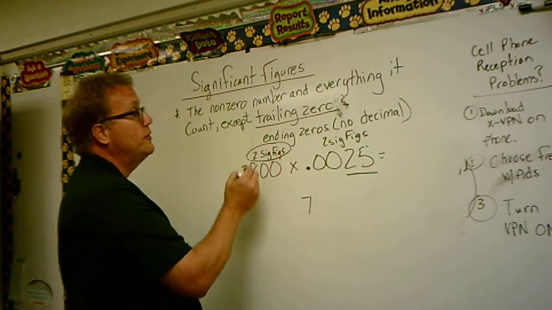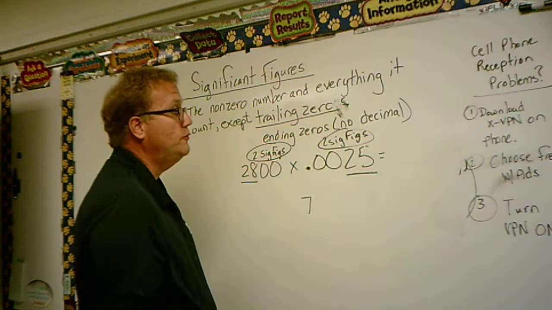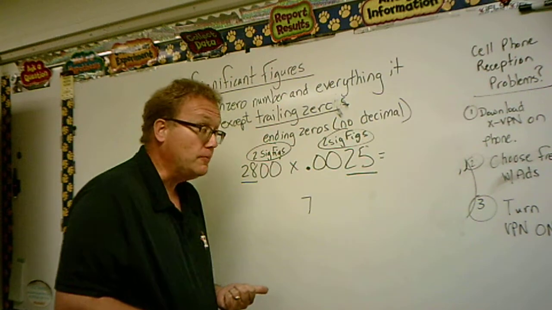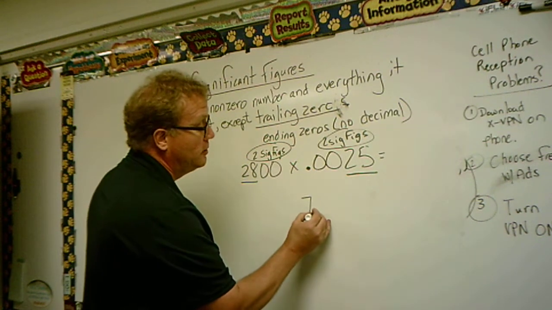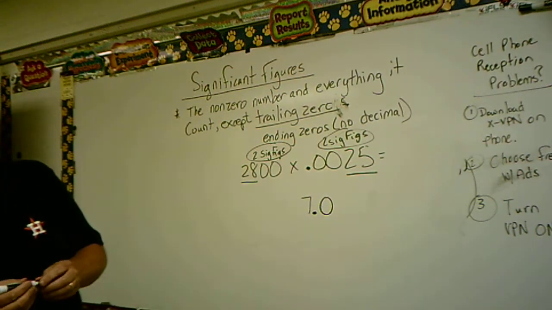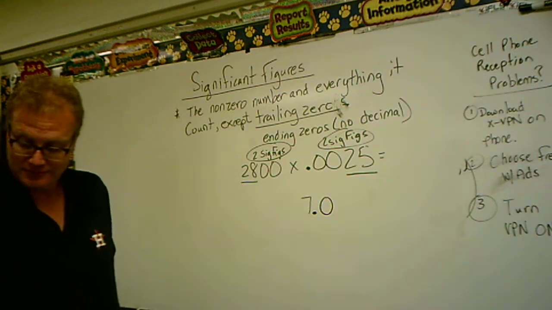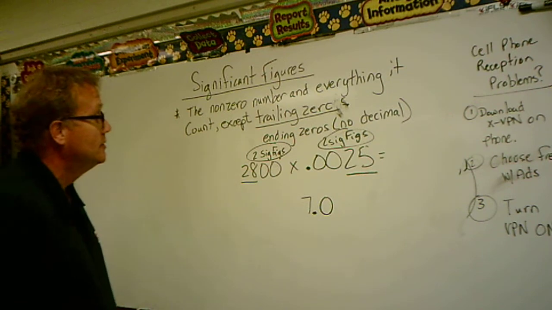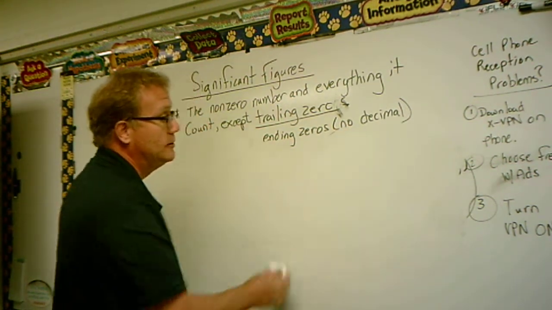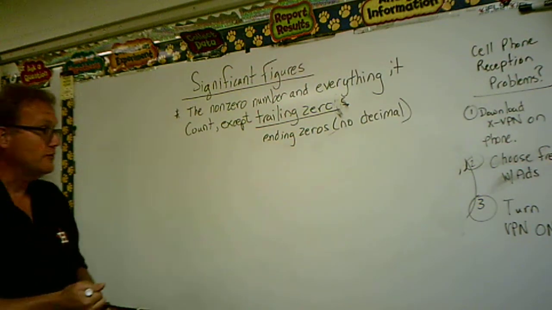We've got to make sure that our number's in 2 sig figs. Now we can do things to tweak it to make it 2 sig figs. We can put a 7.0 and now it's in 2 sig figs. Let's go ahead and do another one. I'm going to make sure that one doesn't turn out the same.